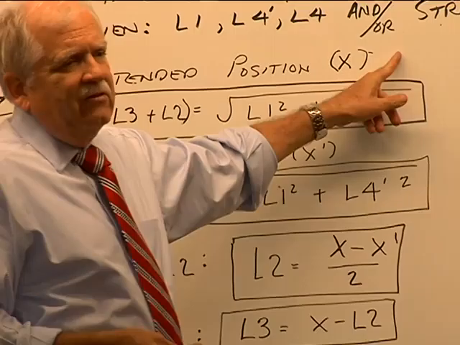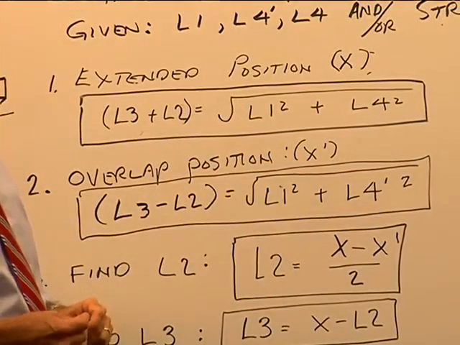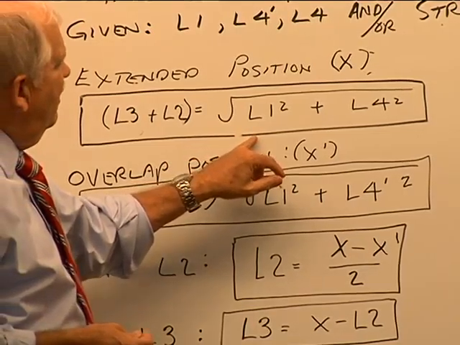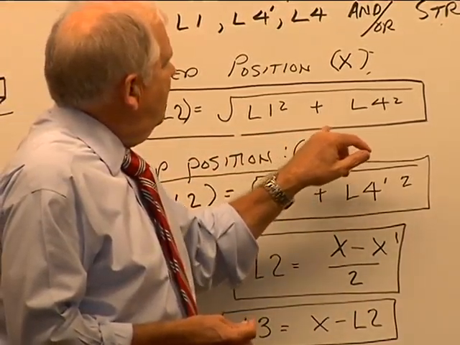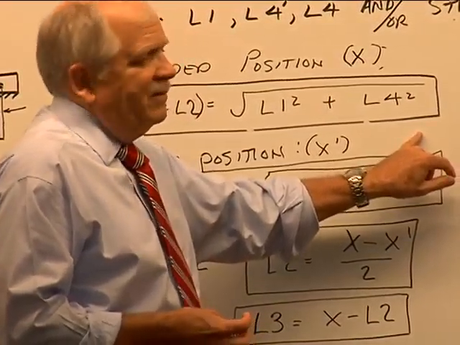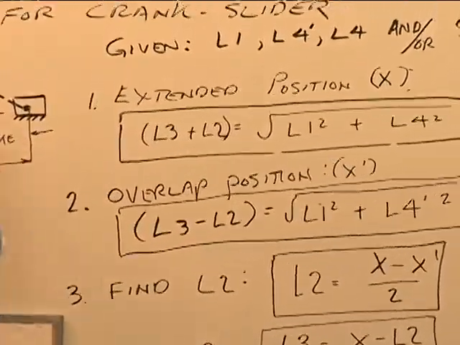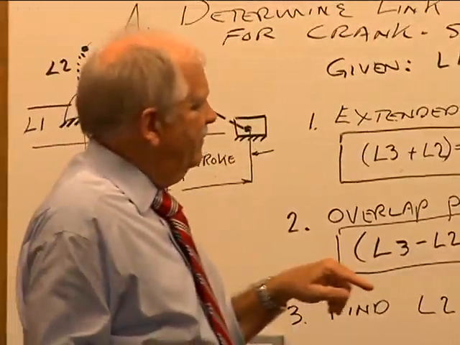I'm going to call that x. So the sum of L3 and L2 is going to be called x. And then I use the Pythagorean theorem here. L1 squared plus L4 squared will determine that length. So now I know how long it is when it goes all the way out.